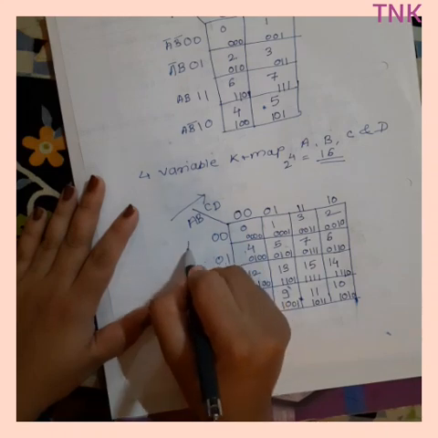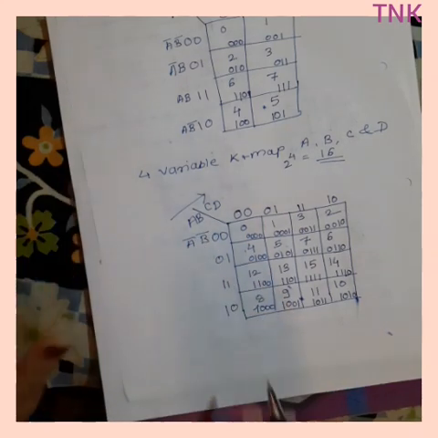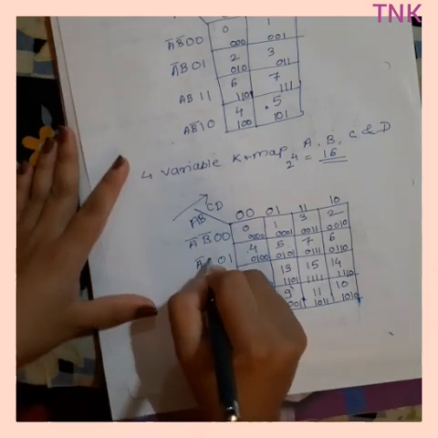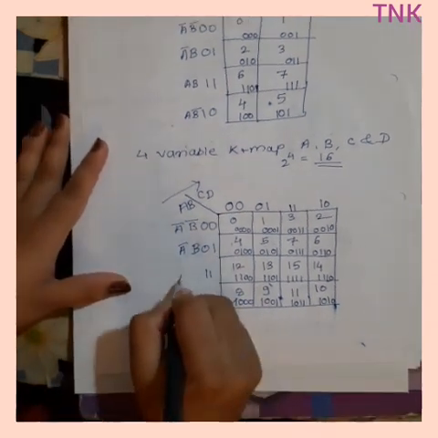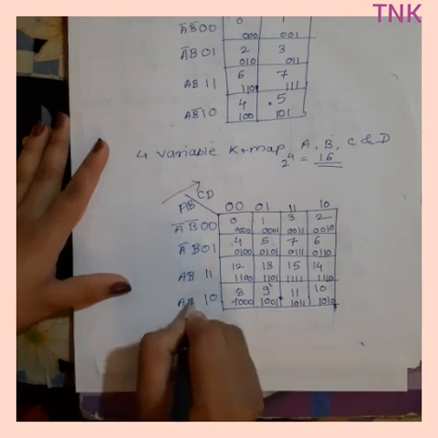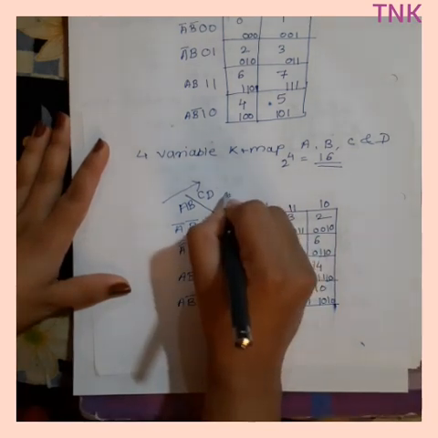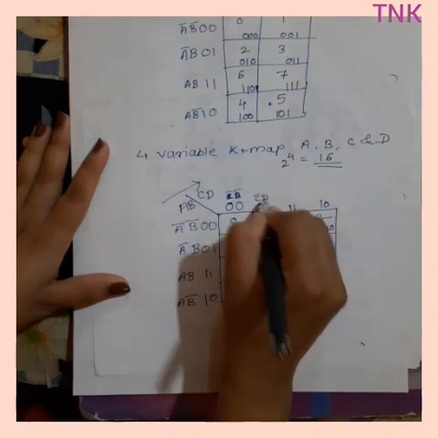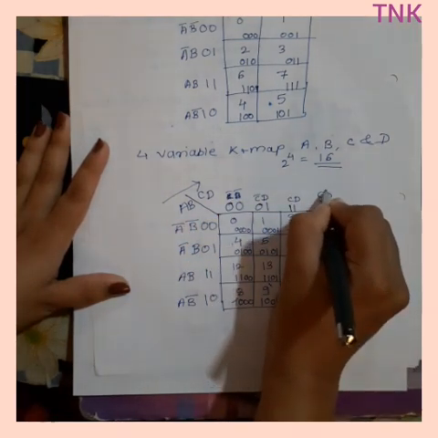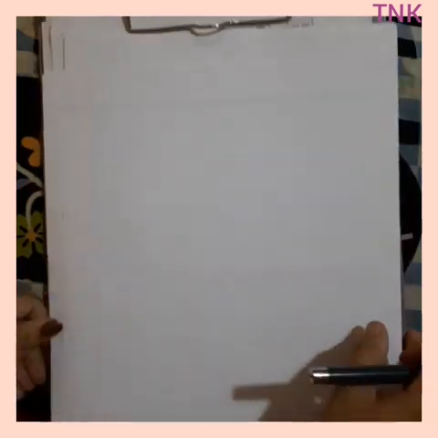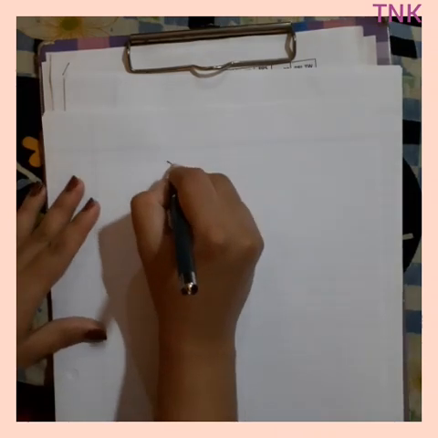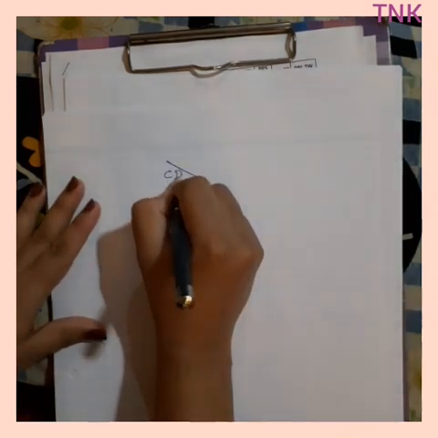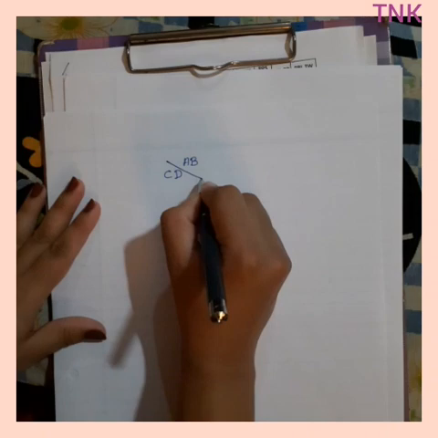In terms of variables, this is A bar B bar, this is A bar B, this is AB and this is AB bar. And this is C bar D bar, C bar D, CD and CD bar. The same 4 variable K-map you can draw like this by keeping CD over here, AB over here.